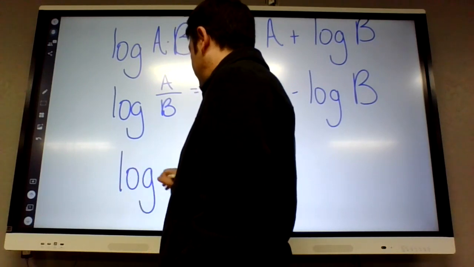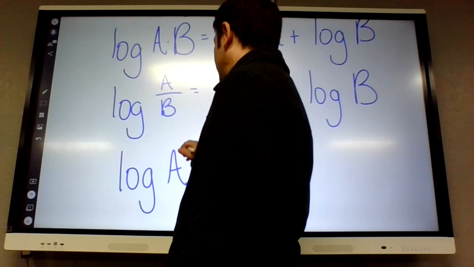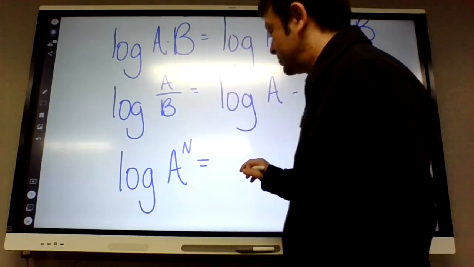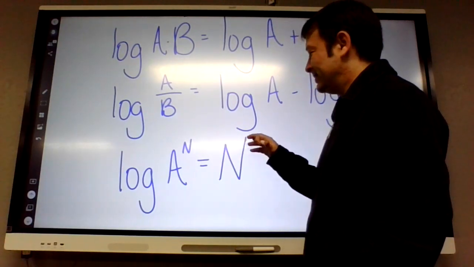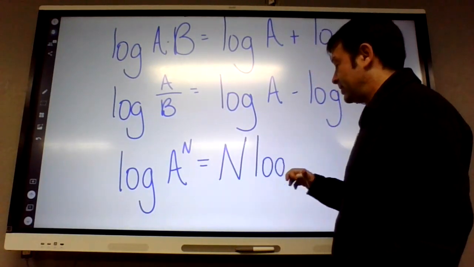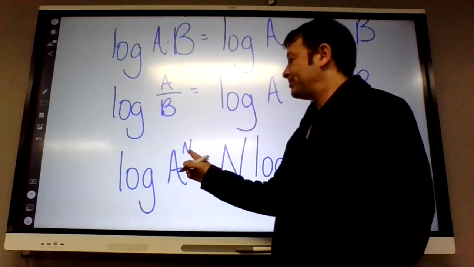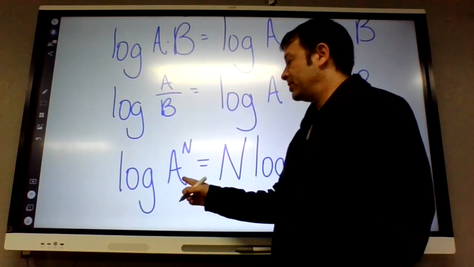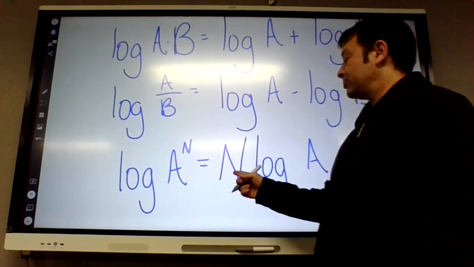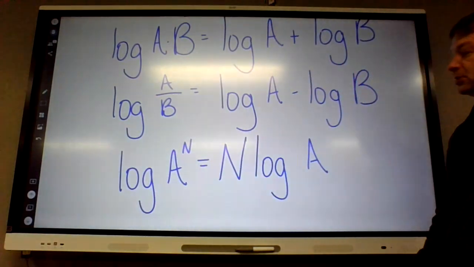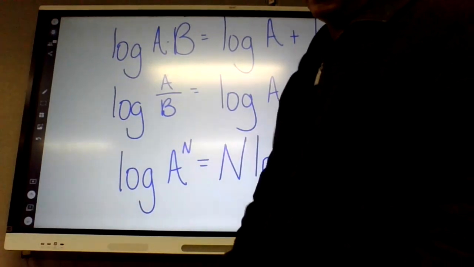Log of A to the N equals N times log of A. So if there's an exponent on the number in the log, it can go in front as a multiplier factor. Those are the 3 main rules. What else did they throw in there?